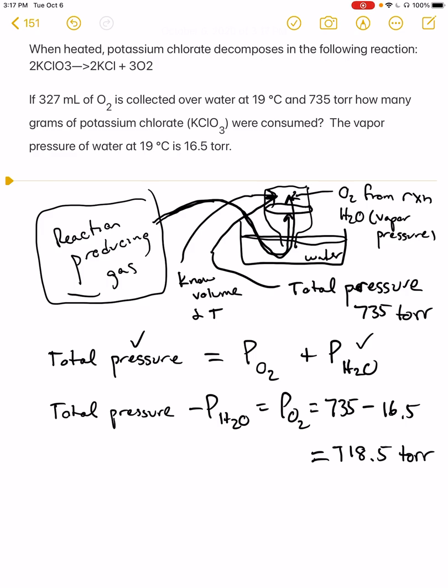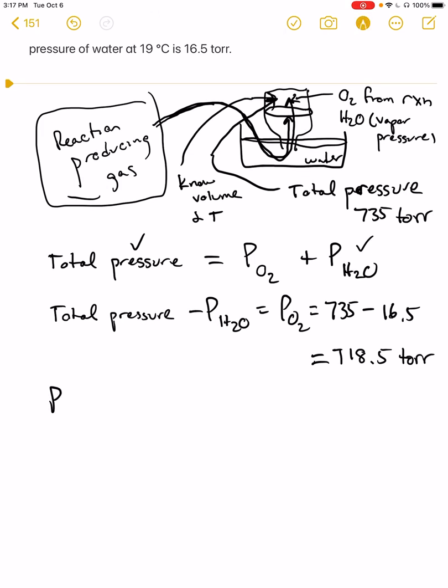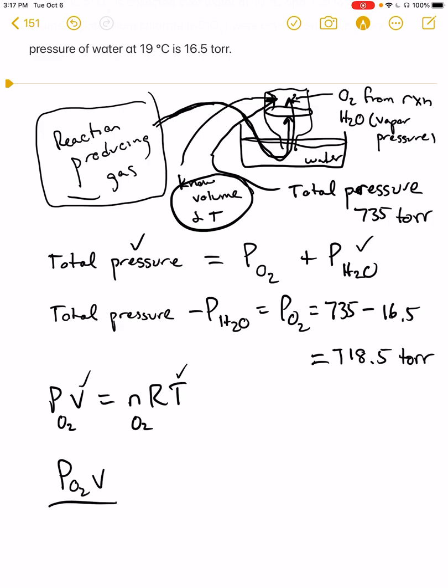Now, using the ideal gas law, PV equals nRT, and if we use the pressure that is the pressure of oxygen, that will be produced by the number of moles of oxygen. So now, since we know the volume and the temperature, that will allow us to figure out the number of moles of oxygen. P of oxygen times V over RT will equal our number of moles of oxygen.